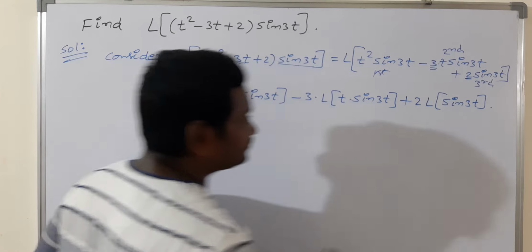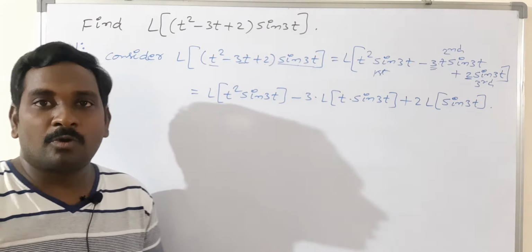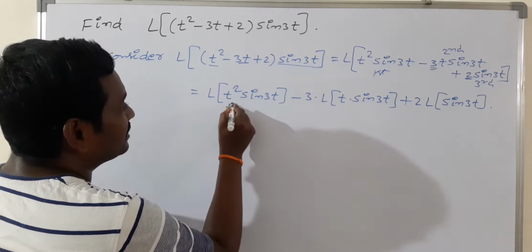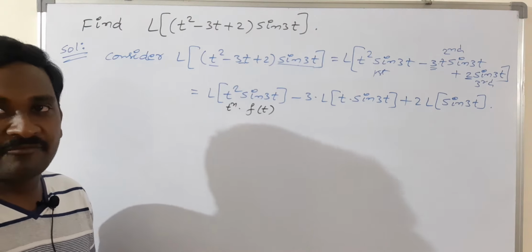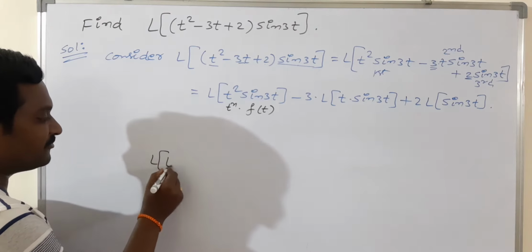Now observe the structure of the first part. What is the form of the first part? The inside function is in the form of t power n into f of t, which is multiplication rule. So what is L of t power n into f of t form?